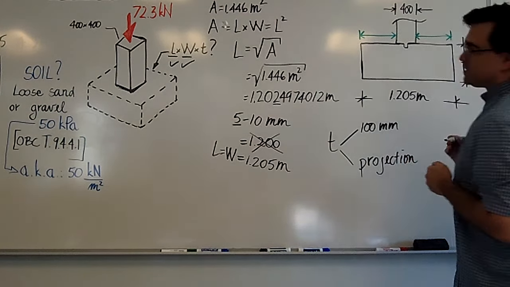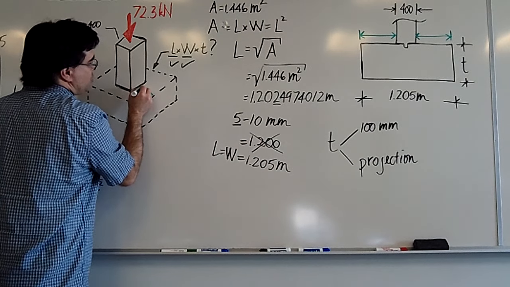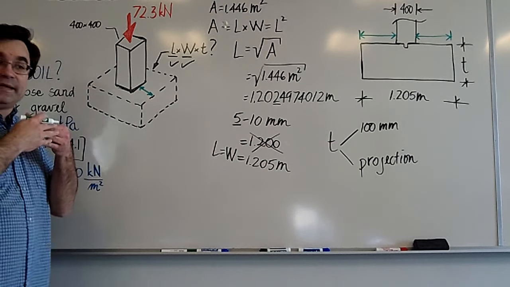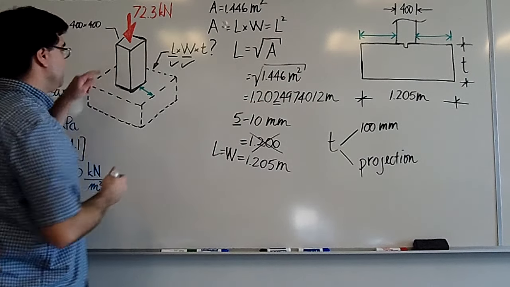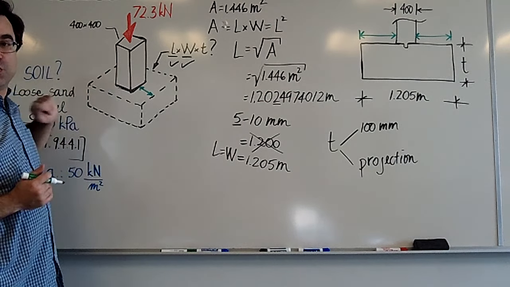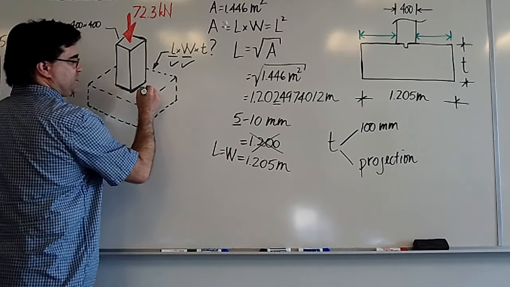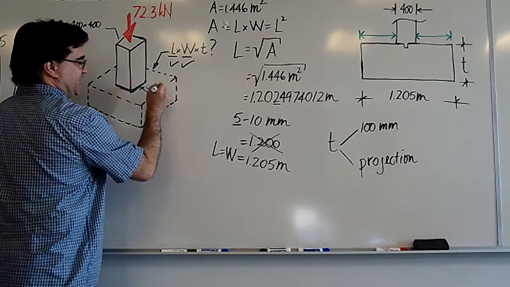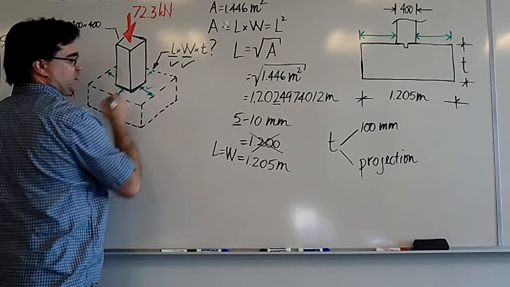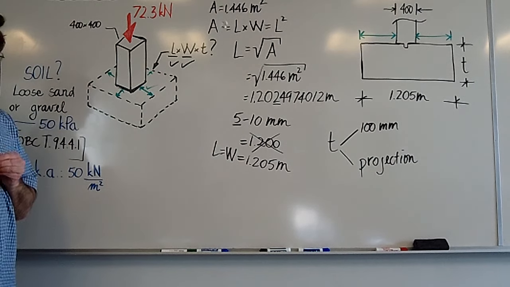Another way to look at it, it's how much the pad extends past the pier it's supporting. Once you find this projection, it's the same projection here, and the same projection there. So how do we find that?